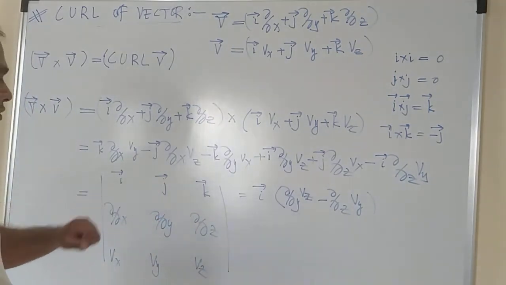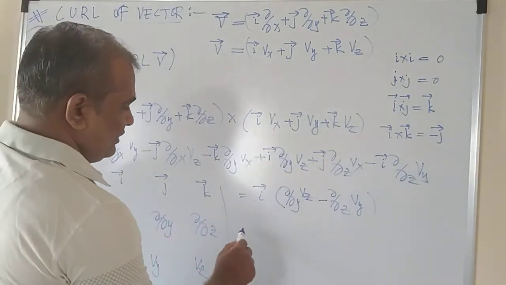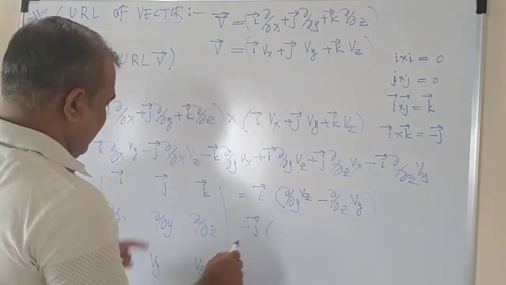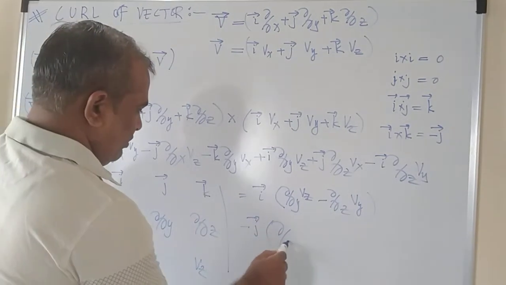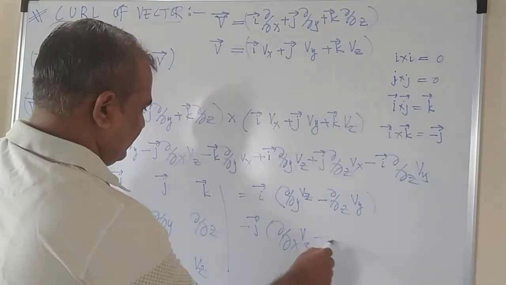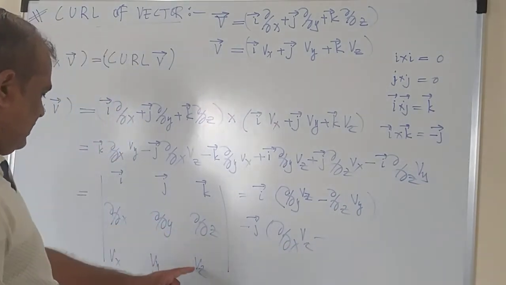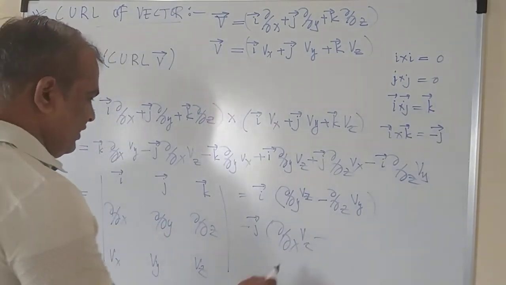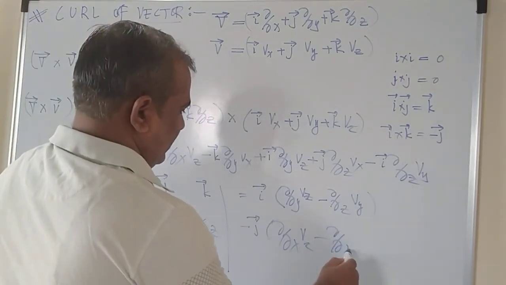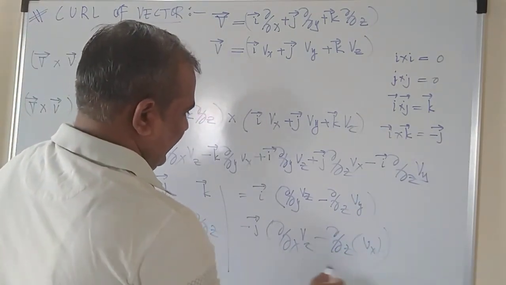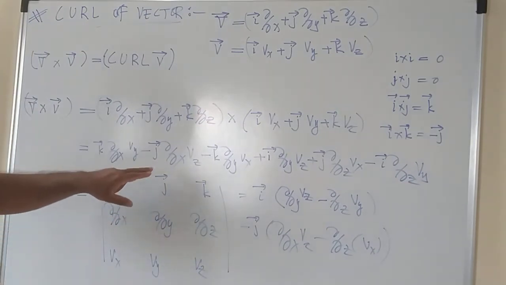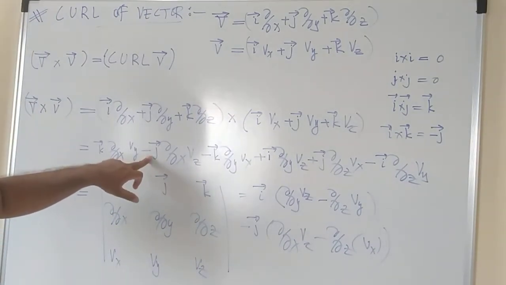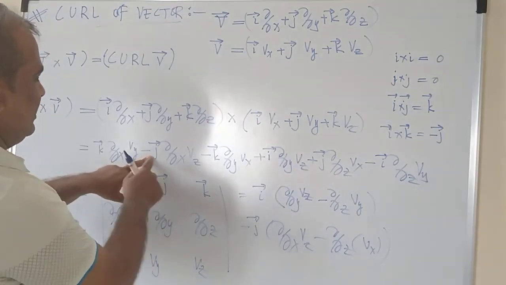Similarly, the next term you will get minus j bar into dou by dou x of Vz minus dou by dou z of Vx. You can check out here also. So this is negative j, and where is the other j? The other j is here. Negative j you can take out common.